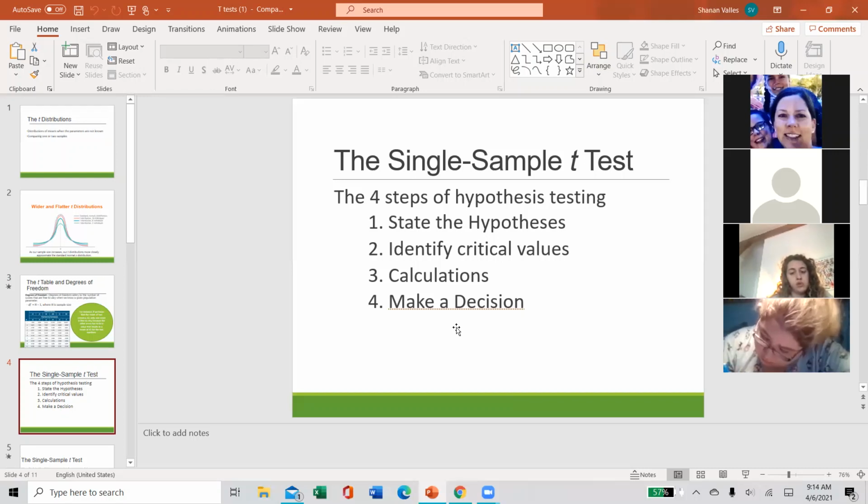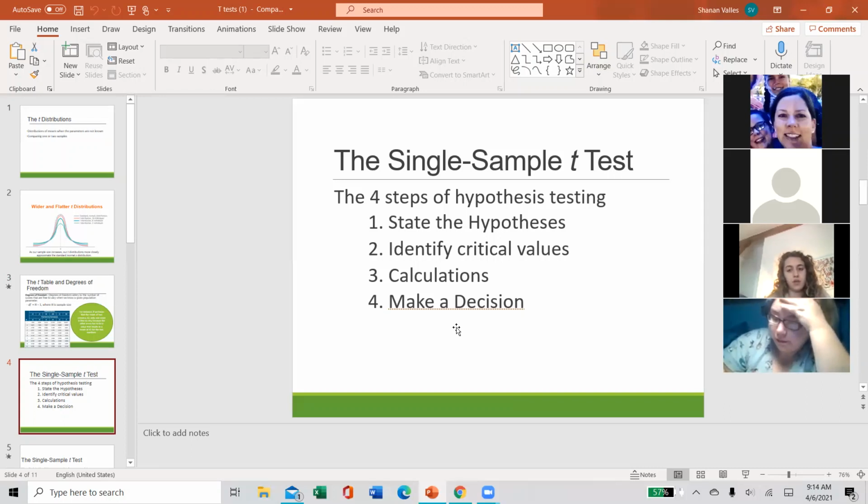Stating the hypotheses is clear and helps the conclusion writing so much better.